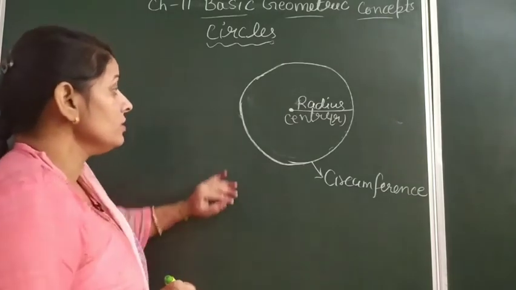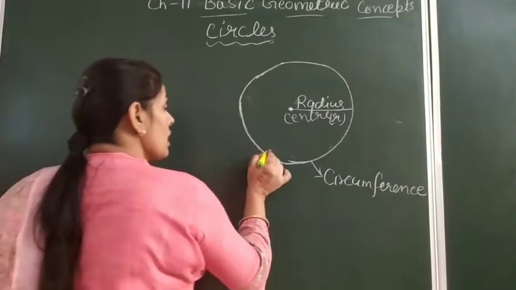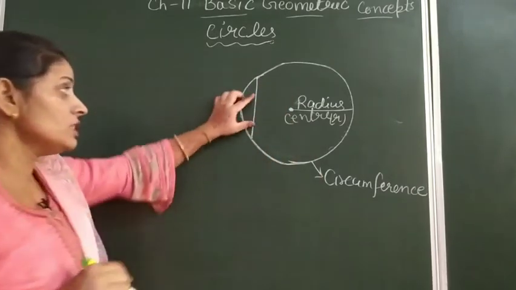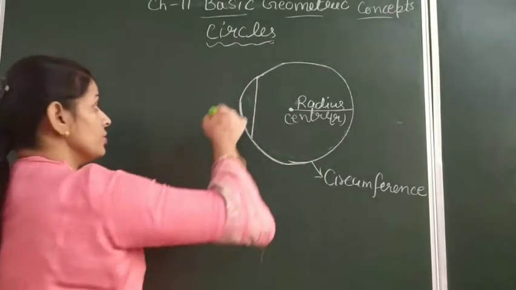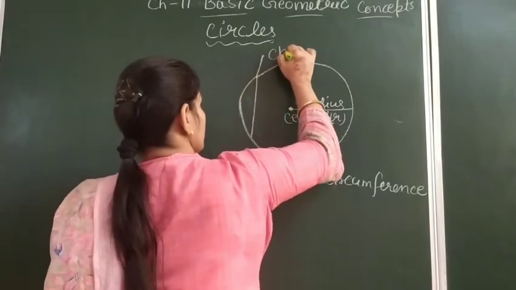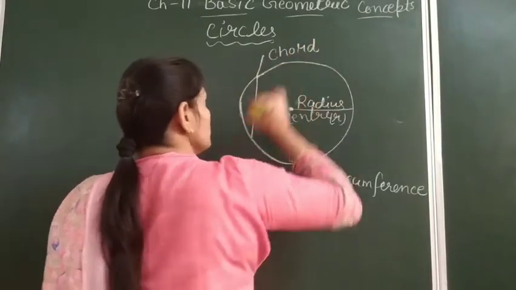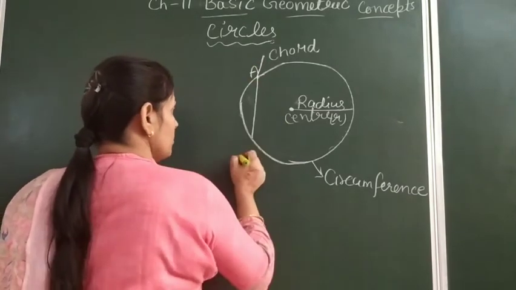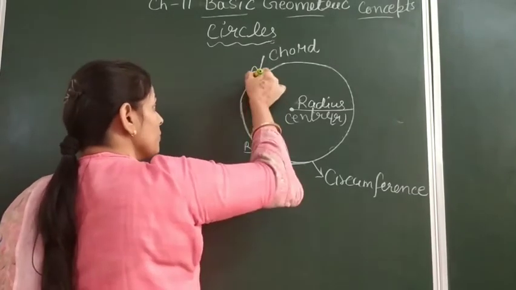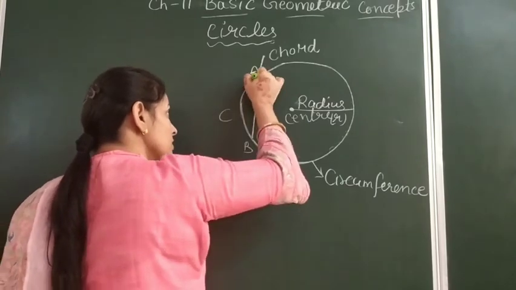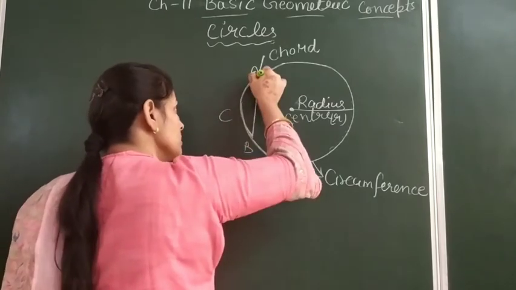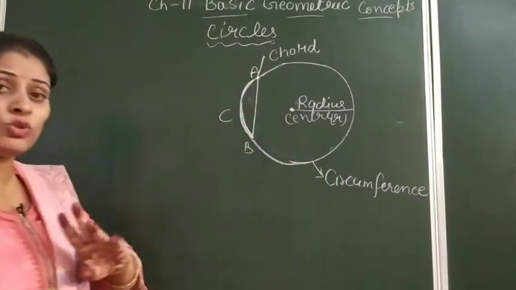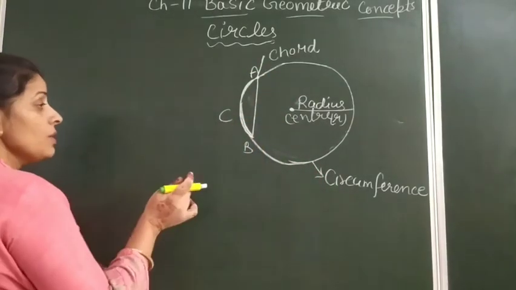If we join any 2 points of the circle, this part is known as a chord of the circle. You can name this AB. This part is called an arc, the minor arc. There are 2 types of arc, minor and major.